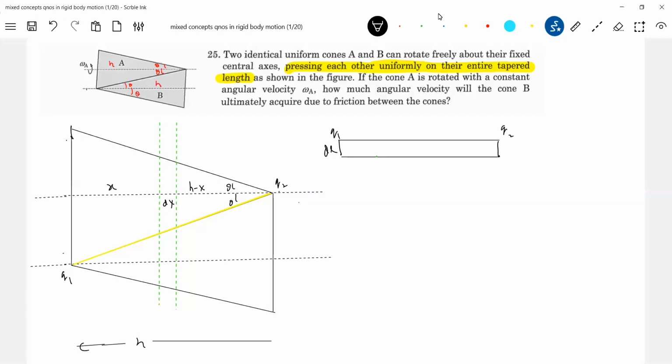Cos theta equals h by Q1Q2, so therefore this should be equal to h by cos theta. Keep it here. Now I assumed a dx. So what can be this particular width?